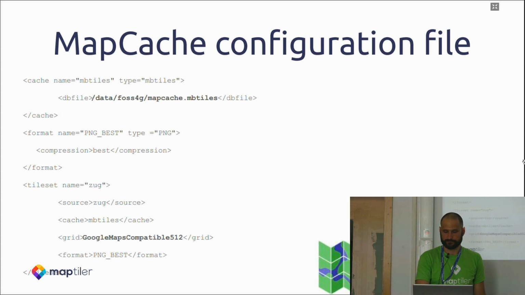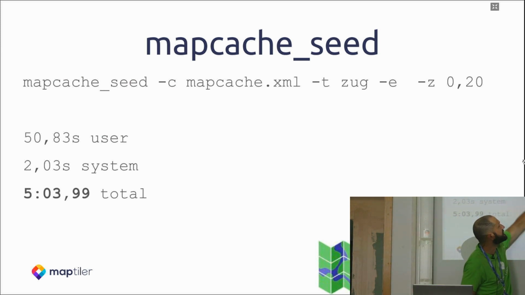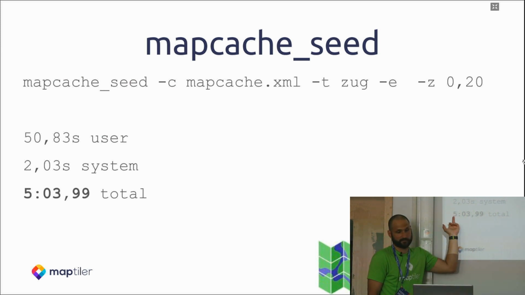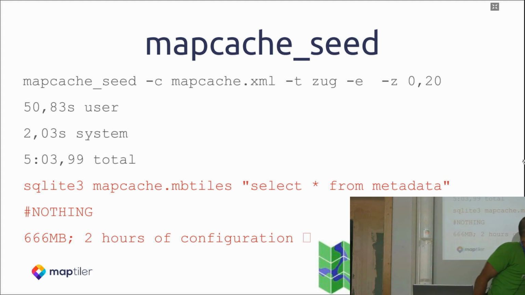MBTiles is supported. Then you run a command line tool called mapcacheseed with a configuration file, and it took 5 minutes in total. But when I tested the MBTiles output, the metadata table was missing, which is essential for MBTiles.